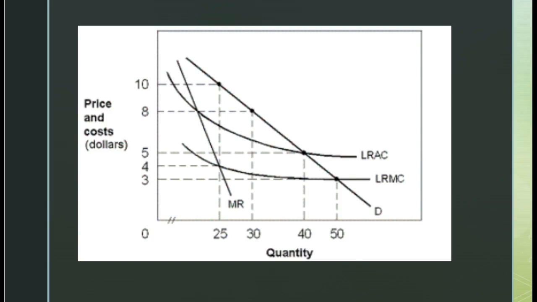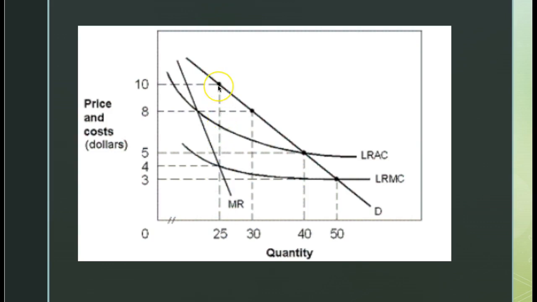So, for example, in this chart, we're looking at a monopolistic firm. If it's an unregulated monopoly, what would be the best price to charge? Well, if we look here, we have demand at 10 and a quantity at 25.